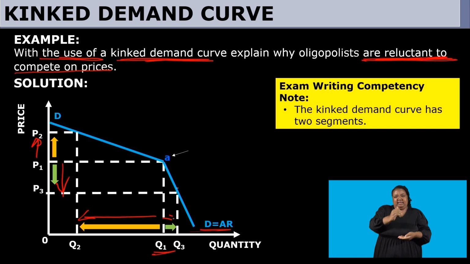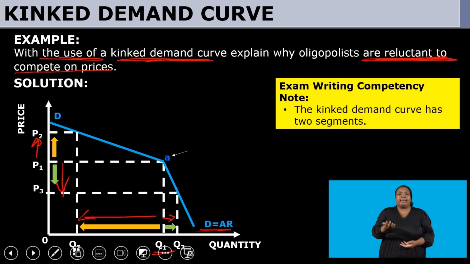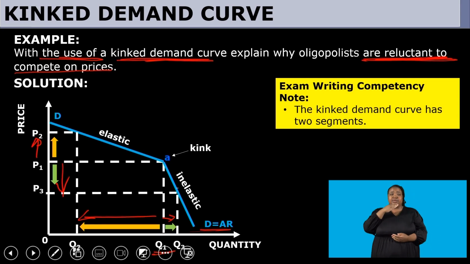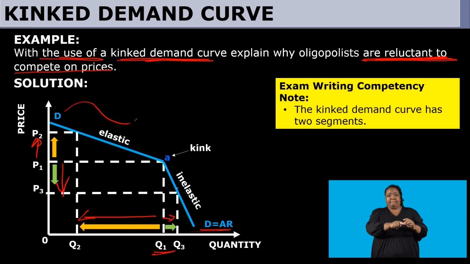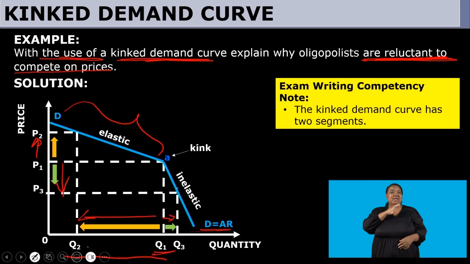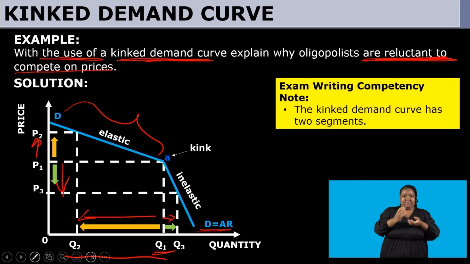You can see here from Q1 to Q3. Now, what does this mean? This means this upper part of the demand curve is elastic, meaning to say people are more sensitive to a price increase. You increase the price from P1 to P2, people decrease the quantity that they demand for your product by a very big magnitude. So you are going to lose customers and sales as well as your revenue.